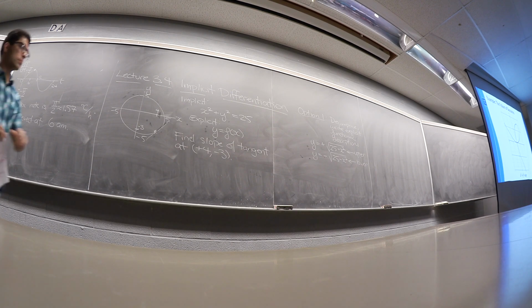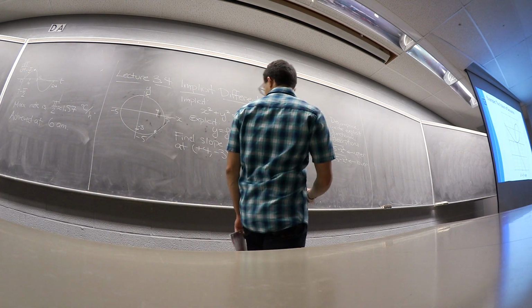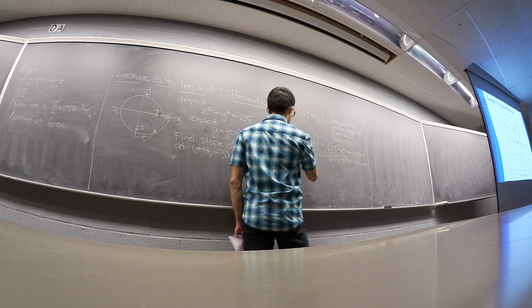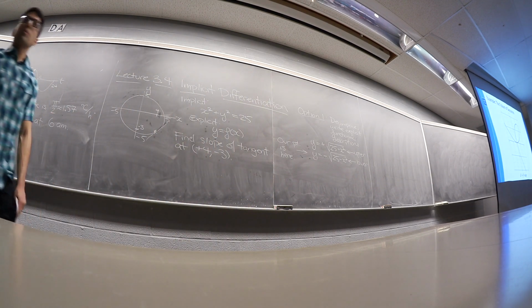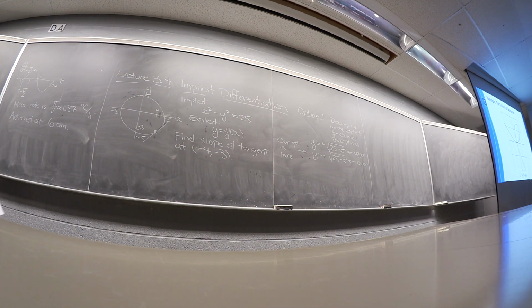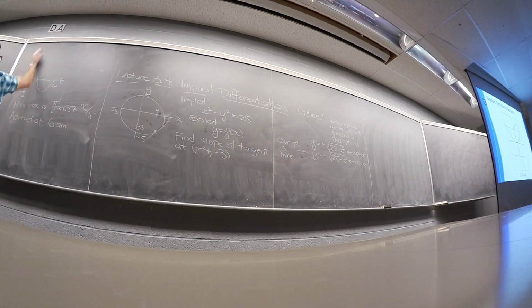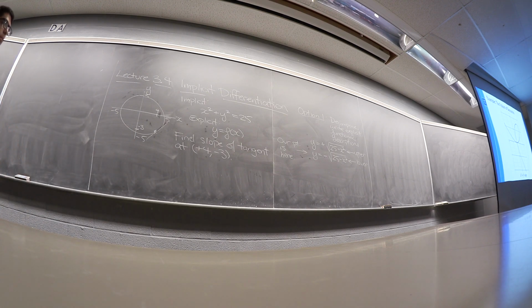This point is on the lower semicircle. Our point is here. So we can just take the derivative and that'll do it. What do we got here?